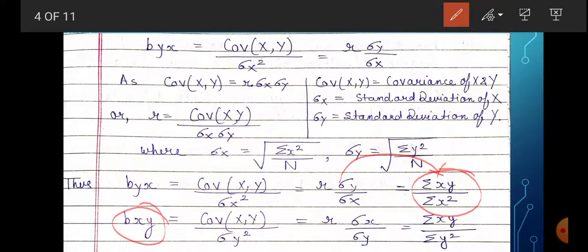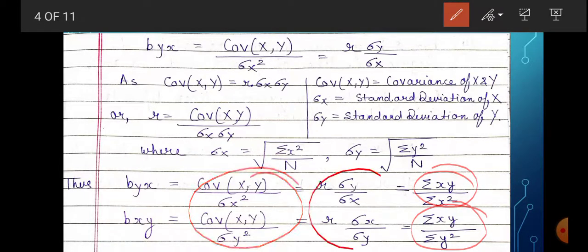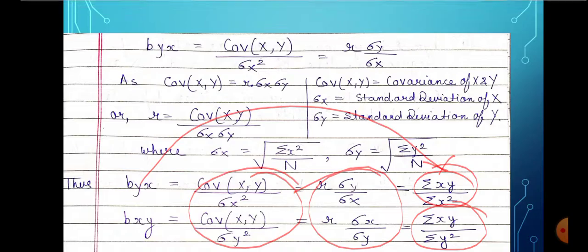Similarly, bxy is covariance of xy by sigma y square, and if you solve this more, then you will get summation of xy by summation of y square. So learners, we will use this formula more frequently in comparison to the rest of the things. This formula is used more frequently while solving any kind of question.